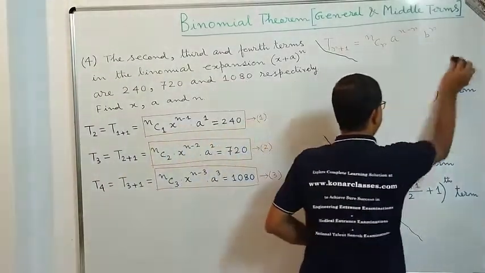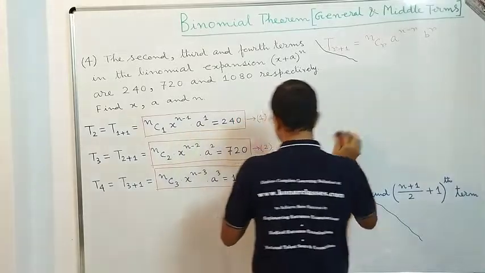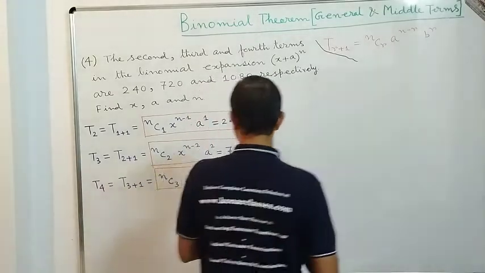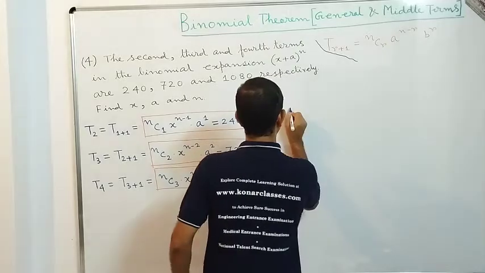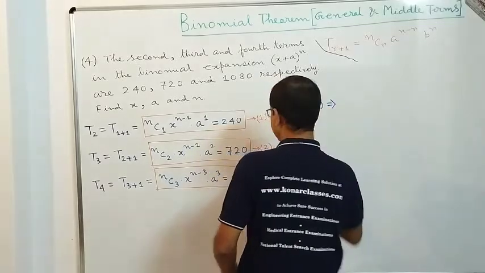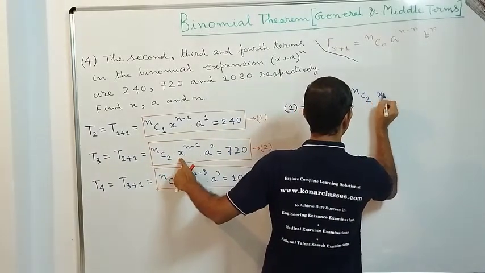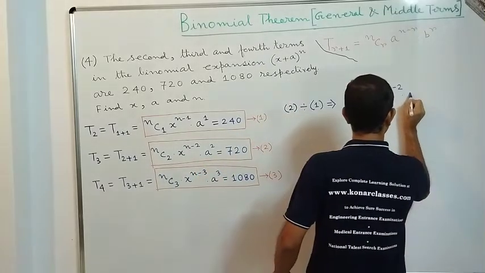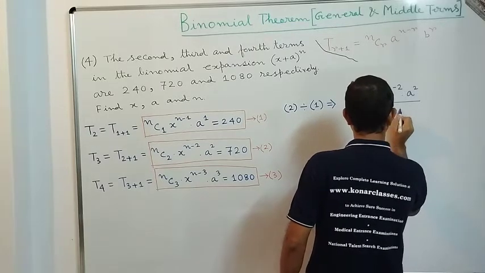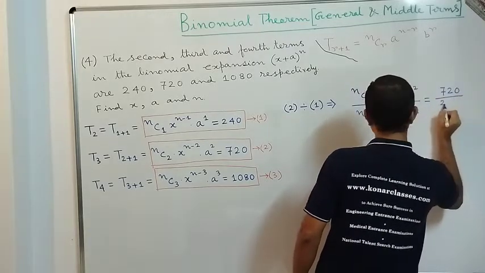We can divide both sides of equation 2 by both sides of equation 1, correct? So if we do that, what are we going to get? Both sides of equation 2 divided by both sides of equation 1 implies nC2 into x to the power n minus 2 into a power 2, divided by nC1 into x to the power n minus 1 into a to the power 1, that is equal to 720 divided by 240.